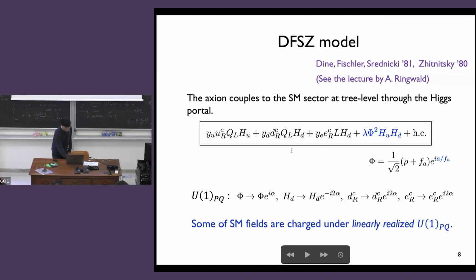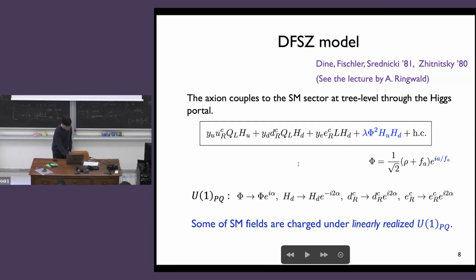That means that by the Yukawa coupling, some of the SM fermions must be charged under Peccei-Quinn. Actually, there are multiple ways of assigning Peccei-Quinn charges for this Lagrangian to be invariant under the associated Peccei-Quinn symmetry. But their physical consequences should be the same.